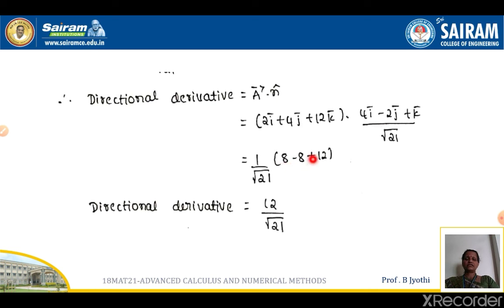So 8 and minus 8 get cancelled. We will be getting 12 as the answer. So that is 12 divided by root of 21. So for the given function phi at the point and in the direction, the directional derivative is given by 12 divided by root of 21.